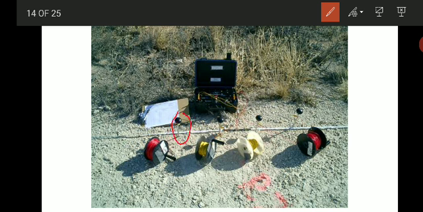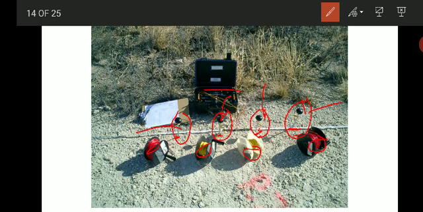You can see there are 4 electrodes, metal rods which we need to insert into the ground, and with the help of wires they are connected. There will be 2 current electrodes and 2 potential electrodes. These are the potential electrodes and the outer ones are the current electrodes. So we need 4 electrodes to perform this test.